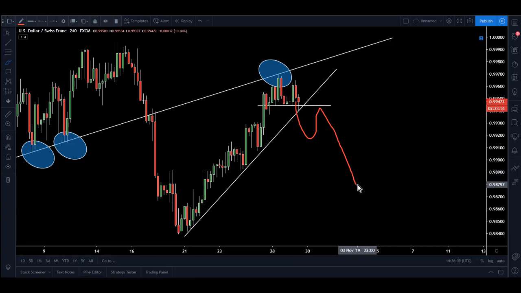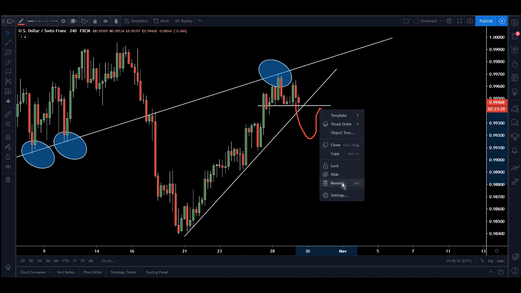If you get that retest, it might be on a smaller time frame, okay? Because as you can see, when this pair moves, it can move pretty quickly. Once you see that close below, you might need to look at a smaller time frame for confirmation.